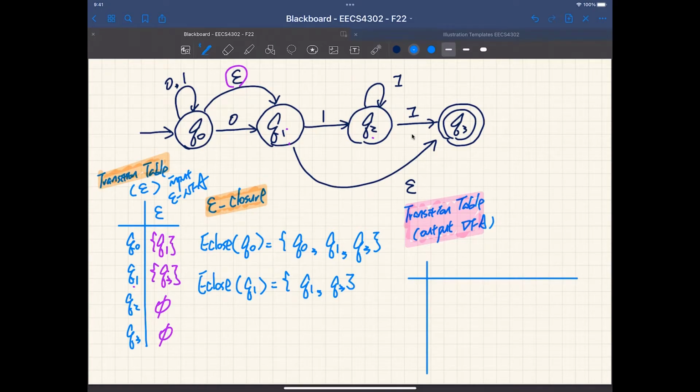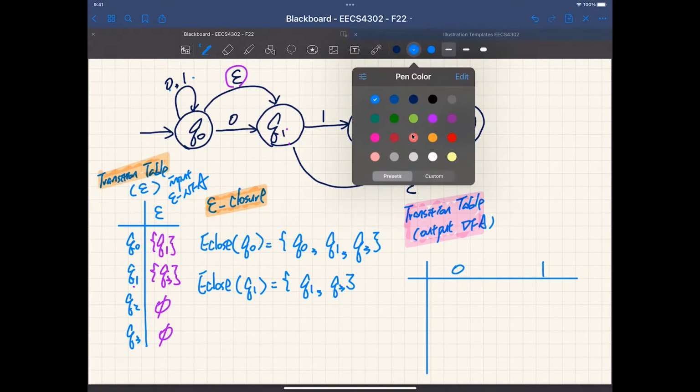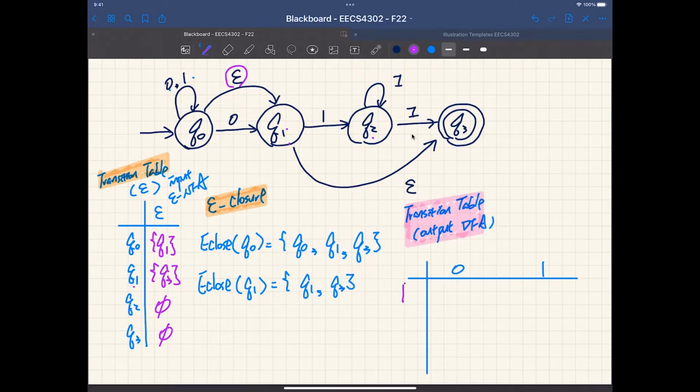In this case, there will be no epsilon transition. So the only transitions now are 0 or 1. We're going to have 0 here and also 1 here. And then what will be the initial one? We know the starting state is Q0, but it's going to be the closure of Q0, the E close of Q0.